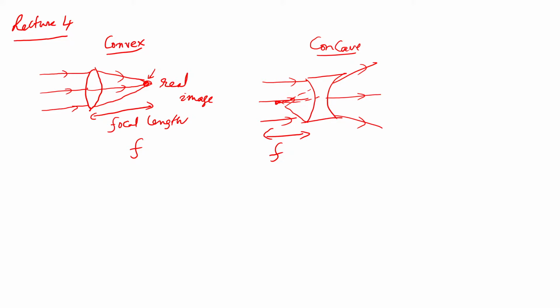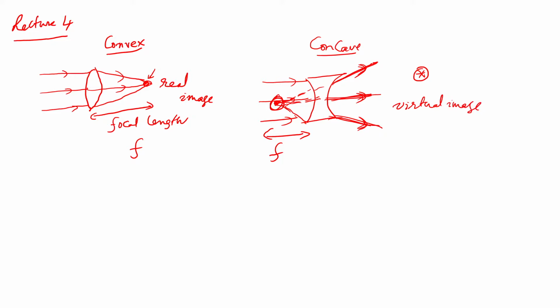Whereas in the case of a concave lens, the rays are really not converging to this point here. They are diverging, and when we are viewing from here, it only appears as if the set of diverging rays are arising from a point source that is behind the lens, right? So that's why we call this a virtual image.